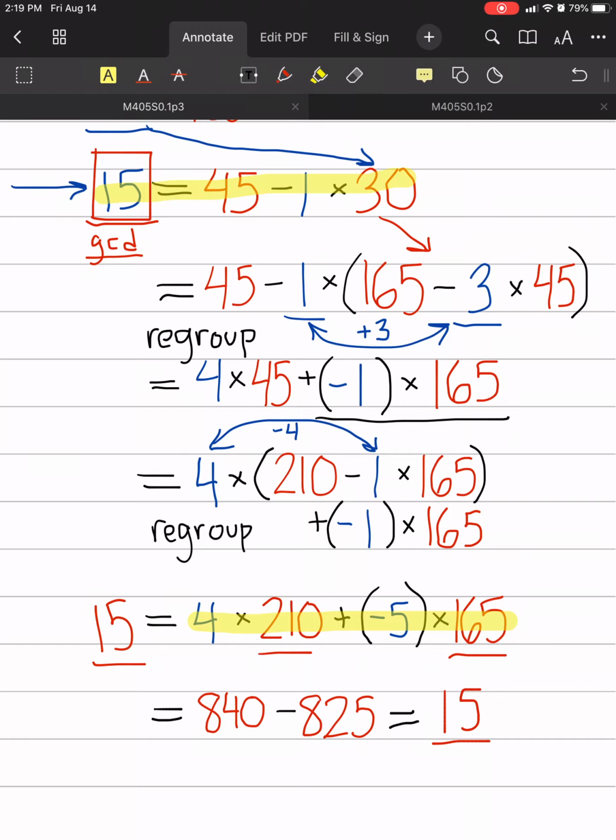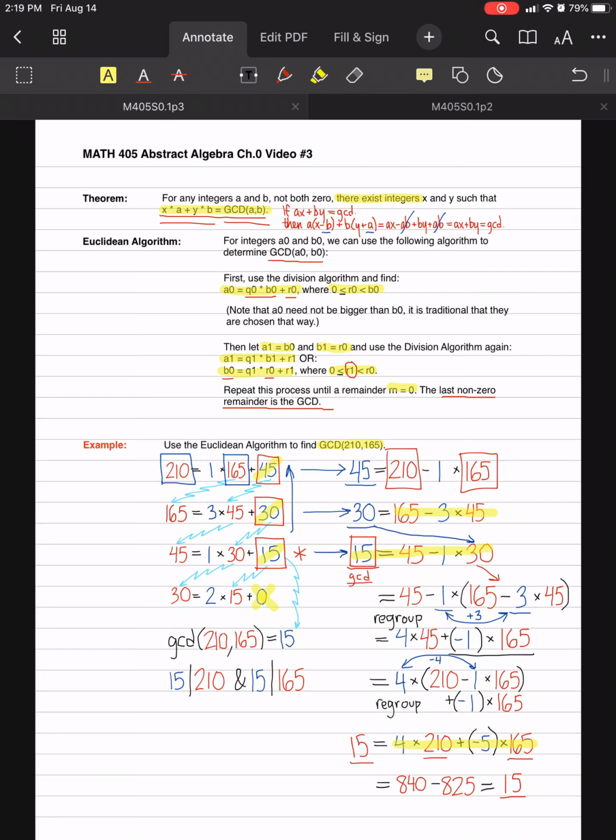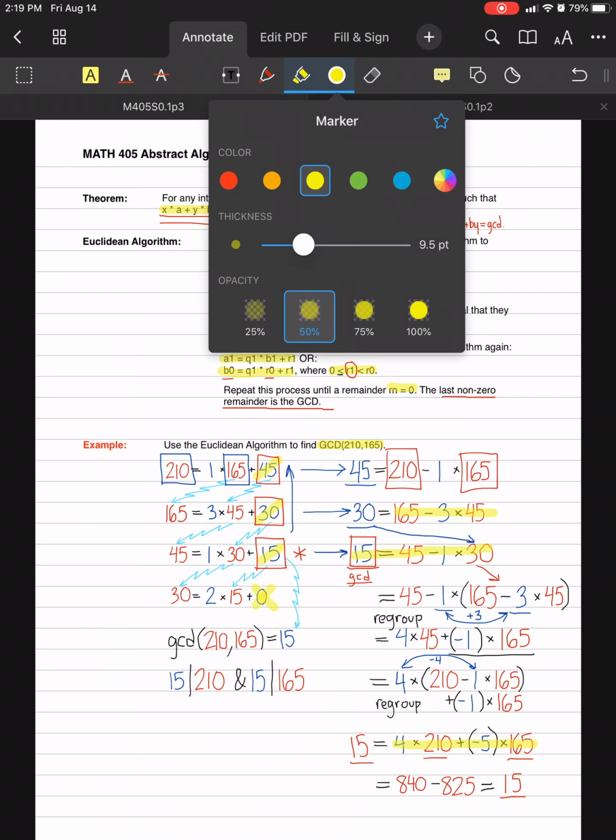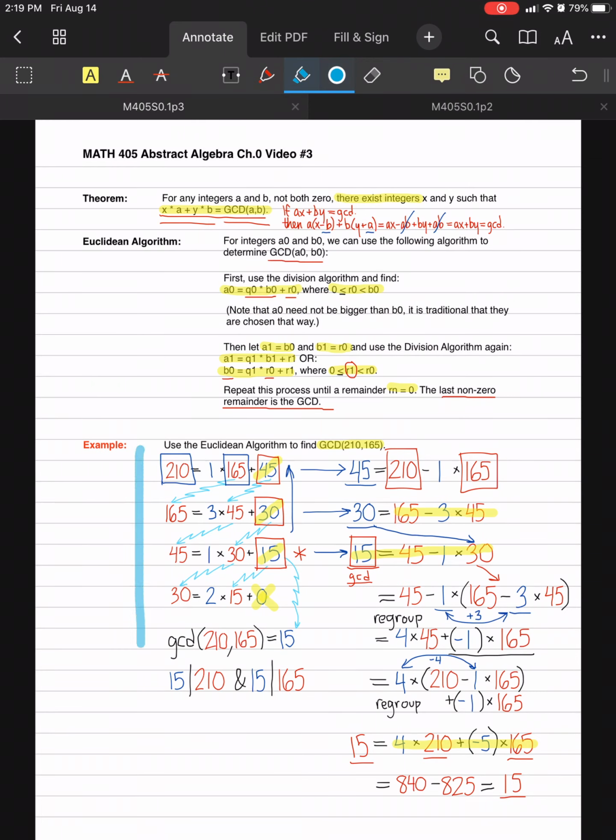So this method, this Euclidean algorithm, if we use the same process backwards, essentially, we can get our GCD written as a linear combination of the two numbers we started with.